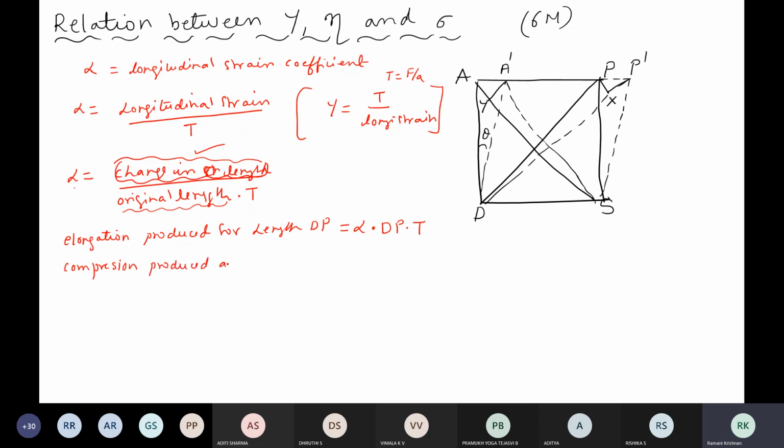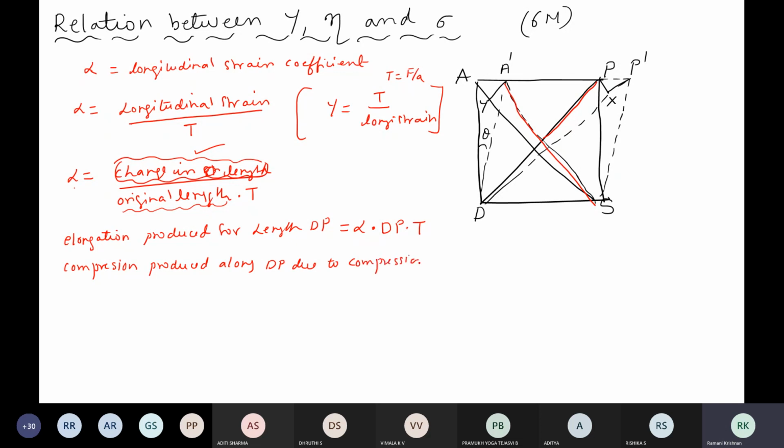Along dp there is also compression due to the compressive stress. If this side is getting elongated, there is another force acting perpendicular to it, laterally. This is the compressive stress.